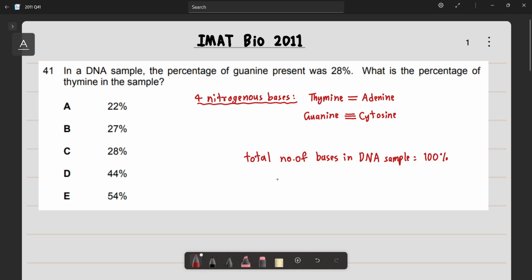Since we know that 28% of the bases in this DNA sample is guanine, the percentage of cytosine will also be 28%. Why is that? Because guanine base pairs with cytosine. If guanine is 28%, cytosine will also be 28%.